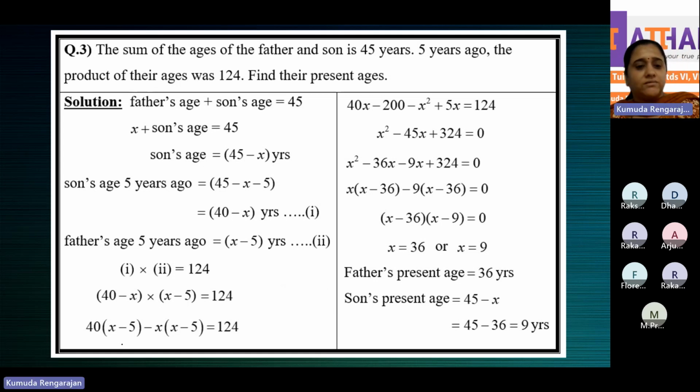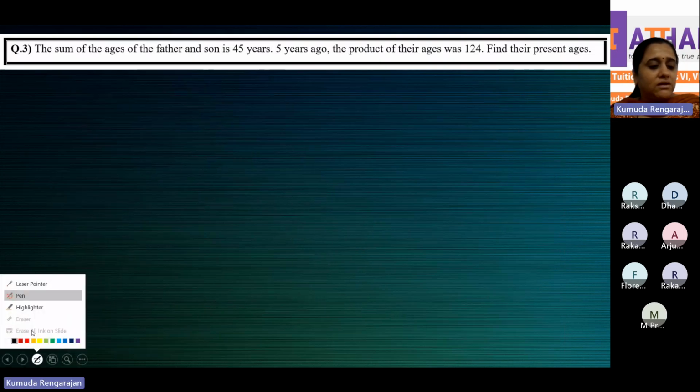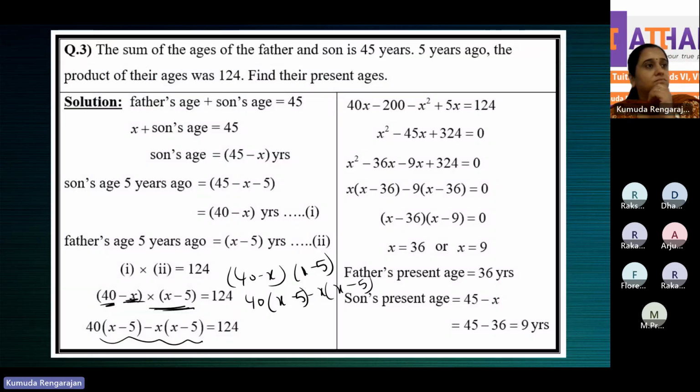Now, this is what we always do. See here, going down to 8th standard, we would have multiplied, no? Find the product. Yeah, it is multiplying a binomial with a binomial. What is that other multiplication you know? Tell me.